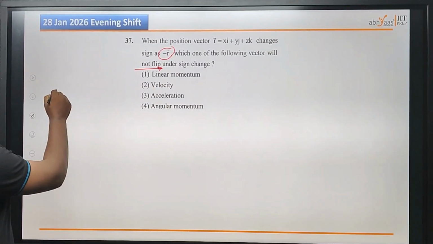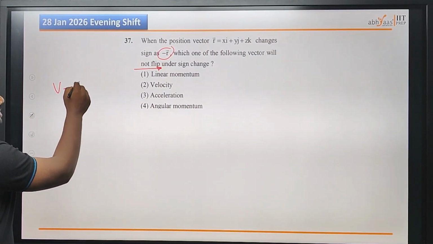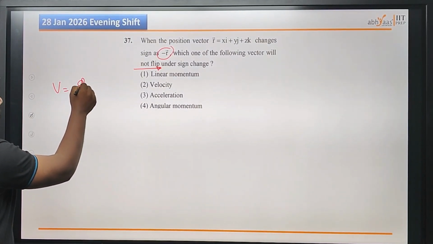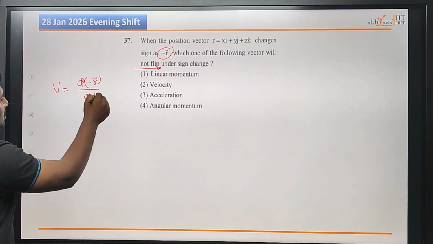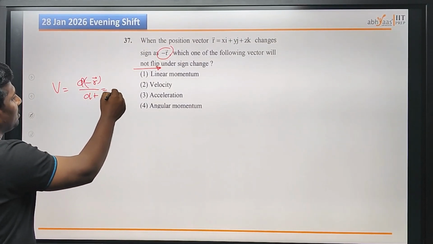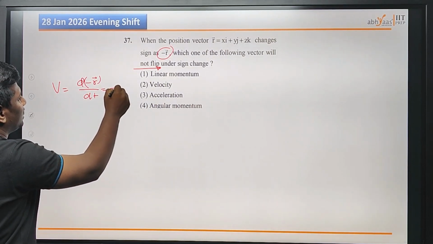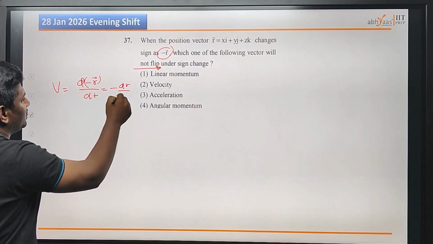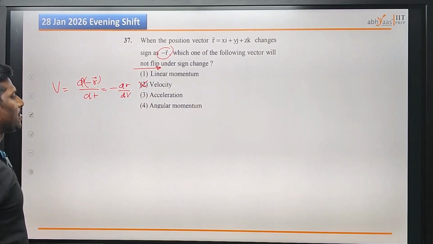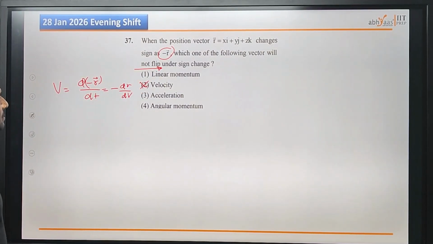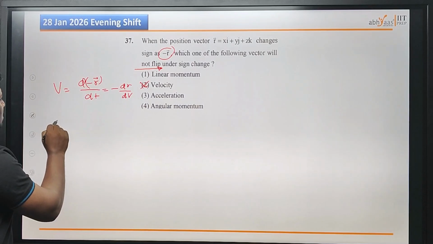Velocity. Velocity can be written as the rate of change of position. So d of minus r bar by dt can be written as minus dr by dt. This is changed, so this is not our answer. Next, acceleration.